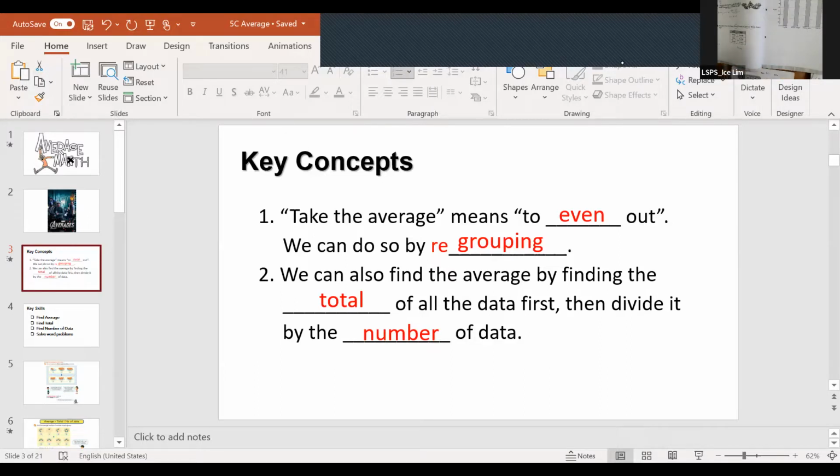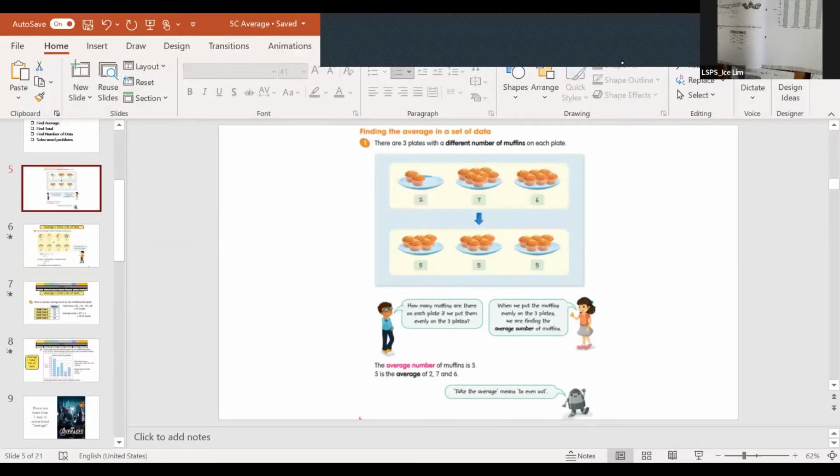Okay, so quick revision. Yesterday we talked about average, and the meaning of average is to even out the data, and we can do so by regrouping. Yesterday we took a look at the example of regrouping, where I combine all into one pile and then sort them out again.